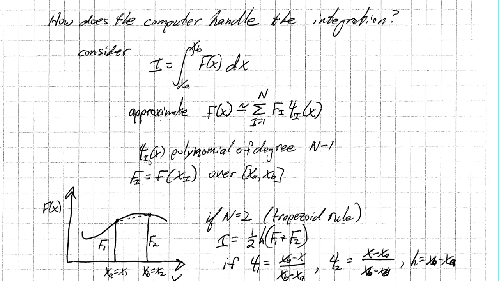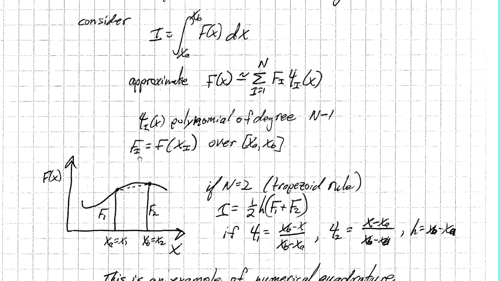Consider this function psi of polynomial degree n minus 1, and this function f_i. These are values of the true function at discrete points x_i somewhere over this domain from xa to xb.